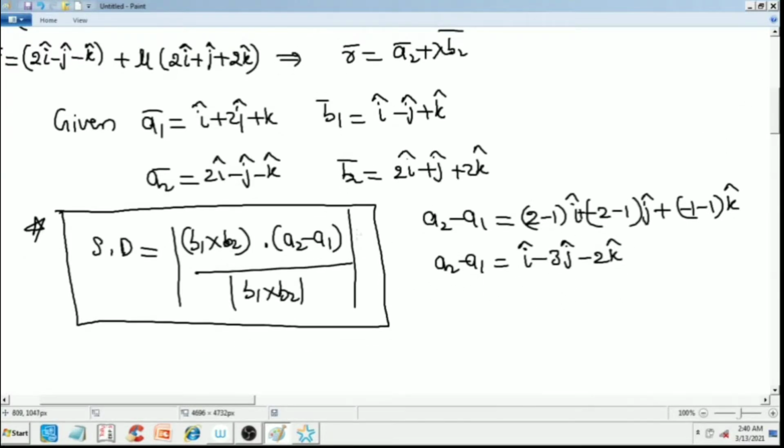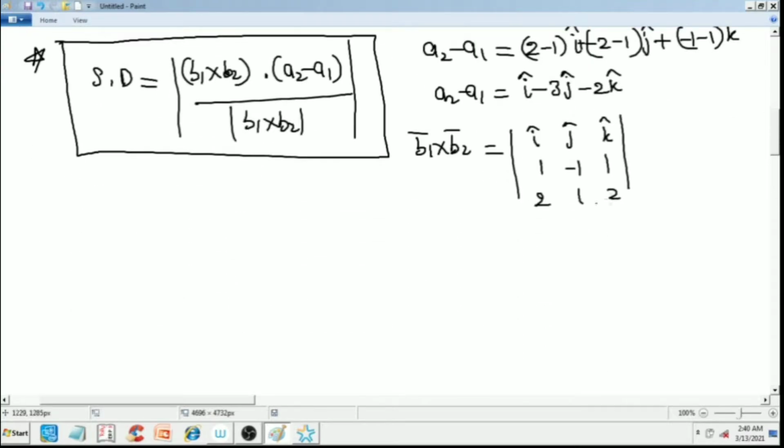Next we need to find b1 cross b2. Use the determinant method with i, j, k in the first row, the coefficients of b1, 1, minus 1, 1, and then b2, 2, 1, 2. Use the sign pattern plus, minus, plus.